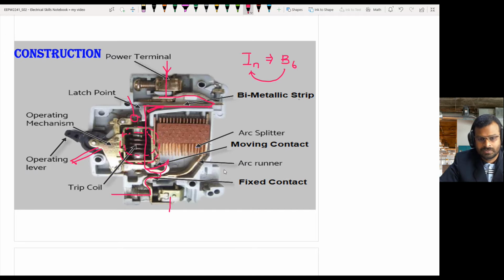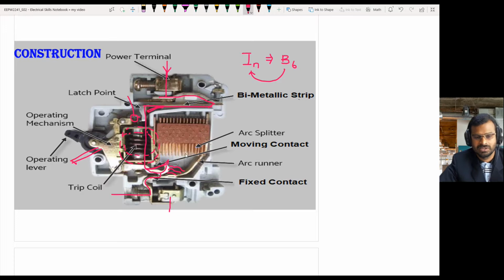faulty conditions. And when the moving contact is opening up due to either short circuit or overload, an arc can be produced between the moving contact and the fixed contact. So this arc runner and the arc splitter are used to quench the arc which is produced during the opening of the moving contact from the fixed contact.